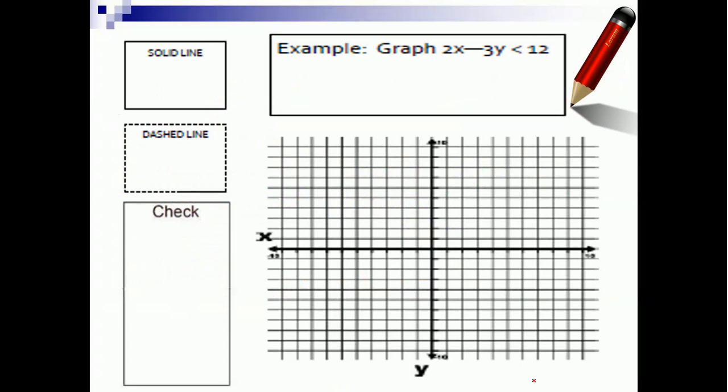So let's actually try a problem here. I'm going to follow my steps. Number 1, we've got to solve for y. So let's solve this inequality for y: 2x minus 3y is less than 12. All right, so let's subtract 2x from both sides.